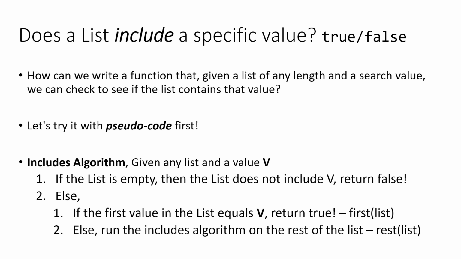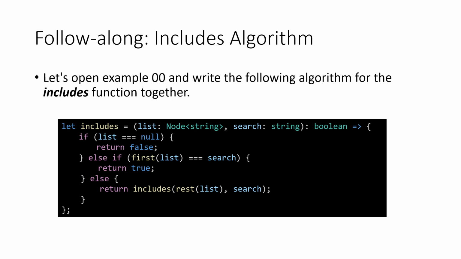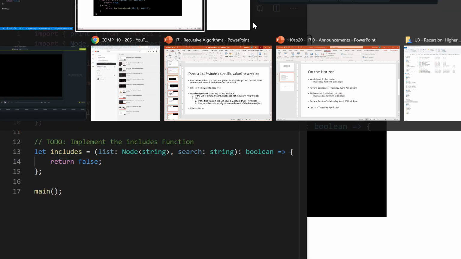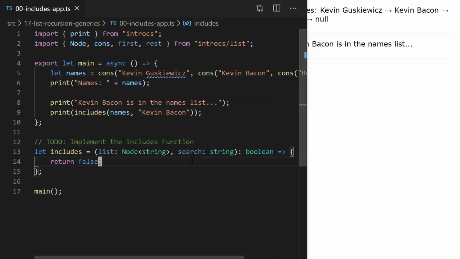All right, so let's try working through this example together. And we're going to code this up step by step, okay? So I'm going to go ahead and delete the skeleton implementation that we had there to begin with. And let's see, so the rule said if it's empty, so if the list is equal to the empty list, which is null, right?